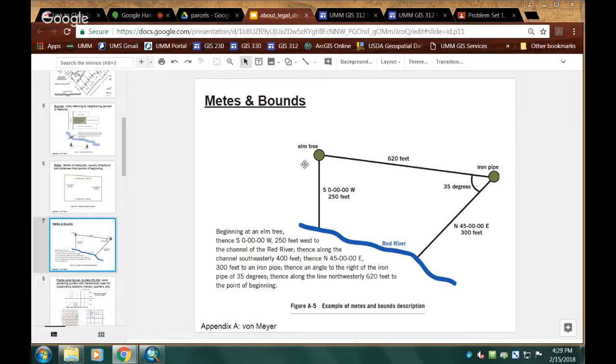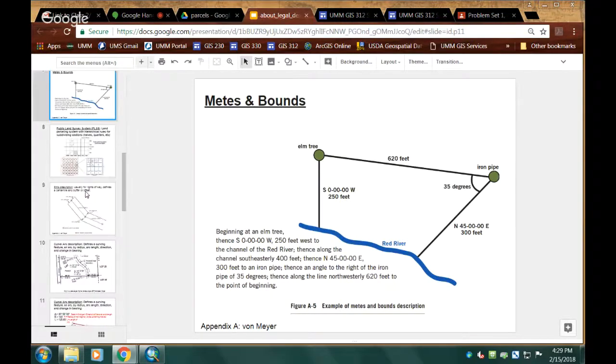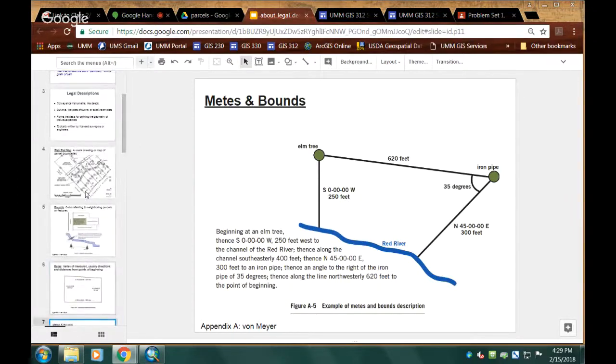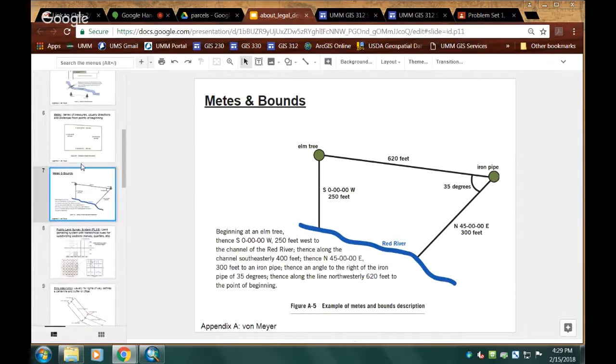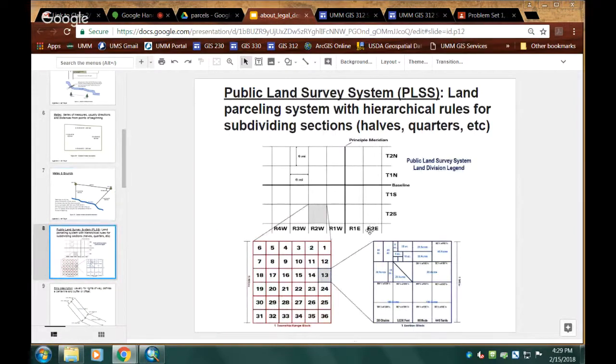It would be a pain, very much a pain. Anyway, so these kinds of descriptions are known as metes and bounds, and so that's what they're referring to there. So I'll come back to some of these other pieces. I'm going to continue on.